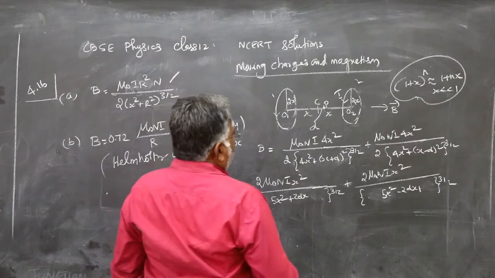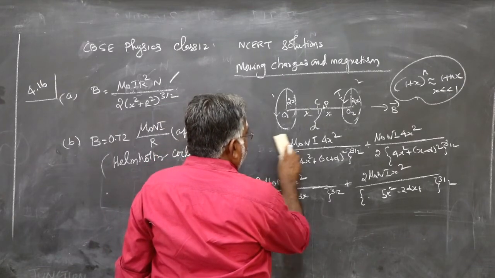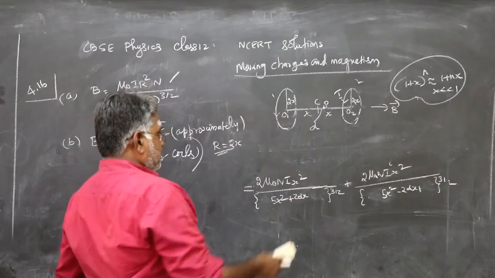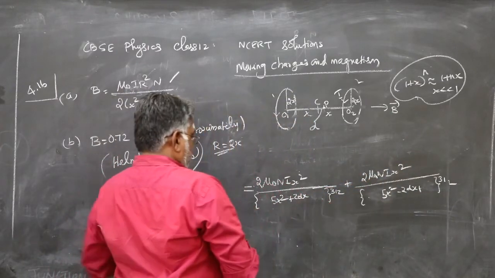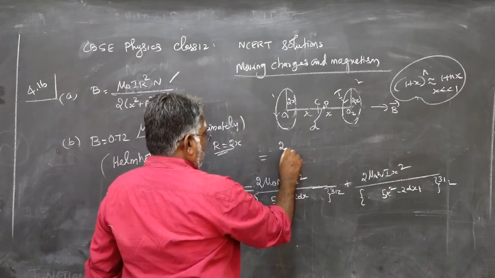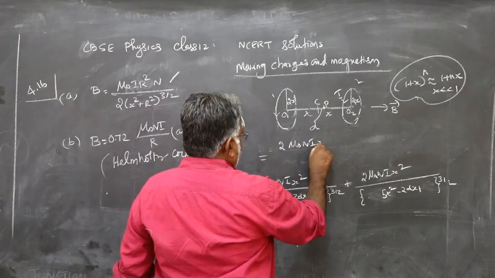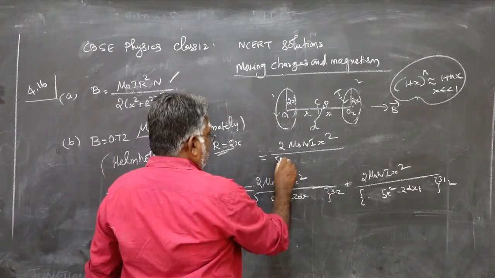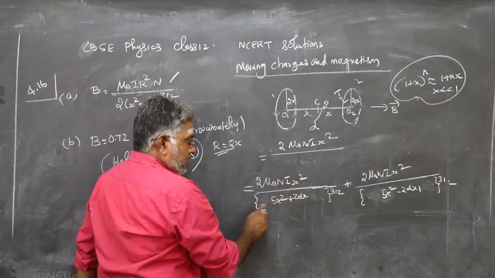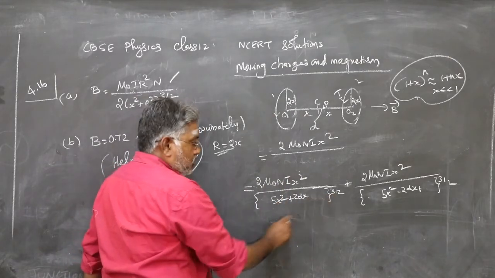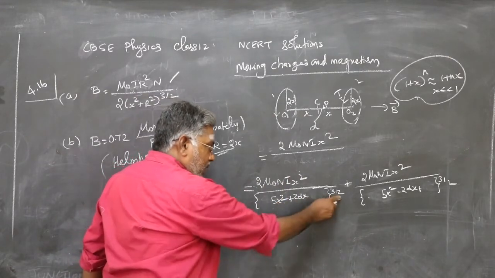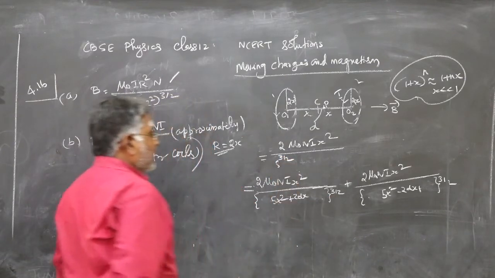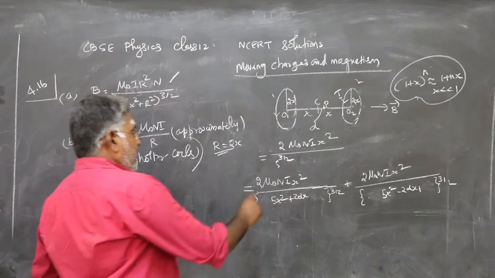Okay, so I rewrite this here. I create some space here. To mu naught ni x squared by 5x square I take out. When you take 5x square outside, you see there is power 3 by 2. So 5 power 3 by 2, x square power 3 by 2 will be x cube.